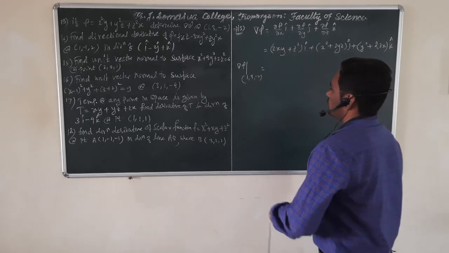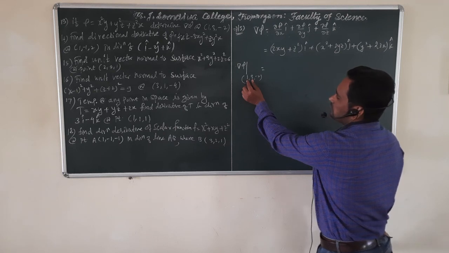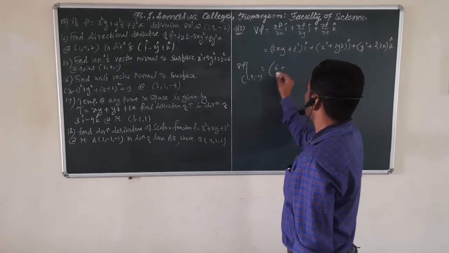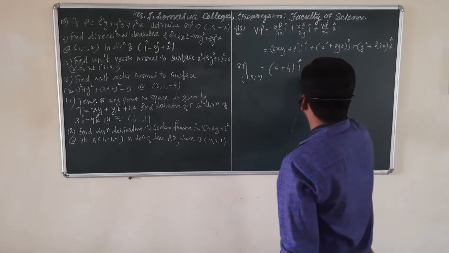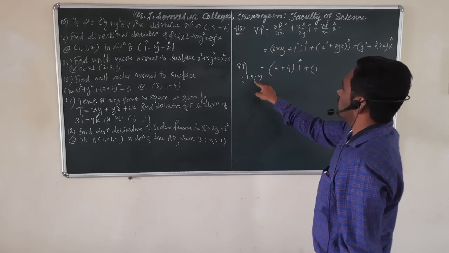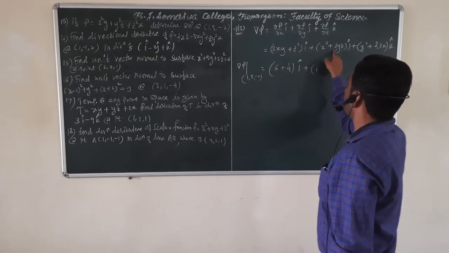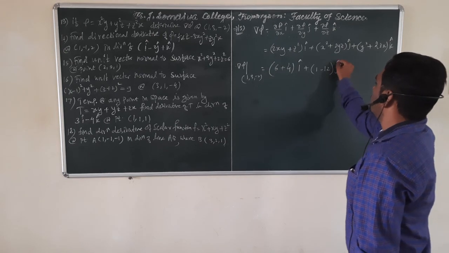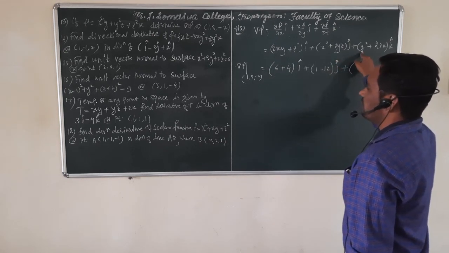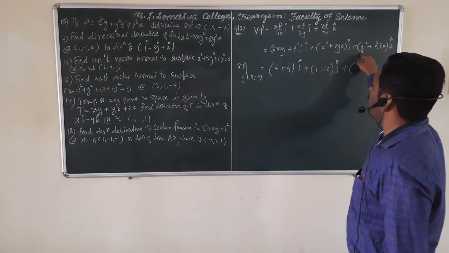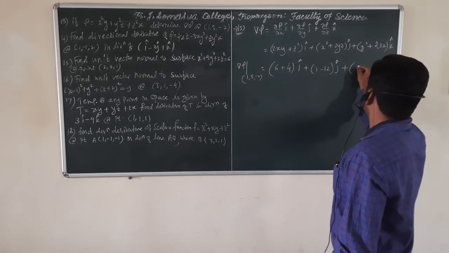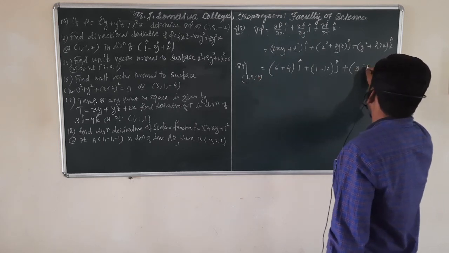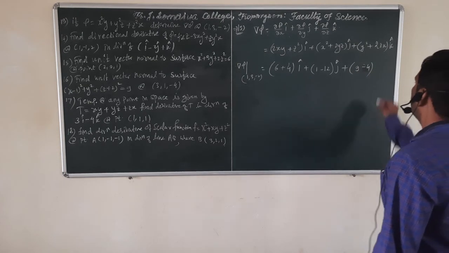So 2xy: x into y is 3, multiplied by 2 becomes 6, plus z square, z is -2, so 4, i cap, plus x square, which is 1, and 2 times yz: y into z becomes -6, multiplied by 2 is -12, j cap, plus y square, which is 9, plus 2 times zx, which is -4, so 9 minus 4, into k cap.